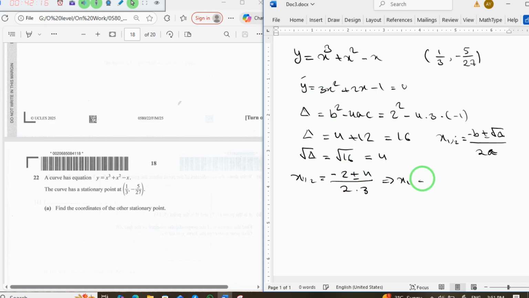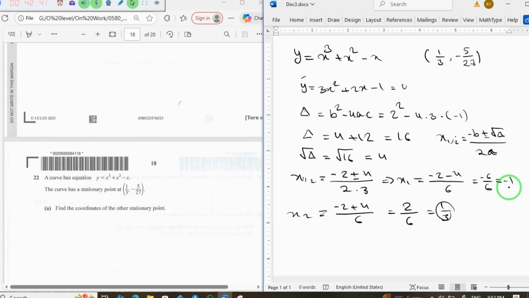So x1 is minus 2 minus 4 over 6, minus 6 divided by 6, which is minus 1, and x2 is minus 2 plus 4 over 6, 2 over 6, 1 over 3. This one is given in the question, and this one we should find. So the other stationary point has x equal to minus 1, and we should calculate y.